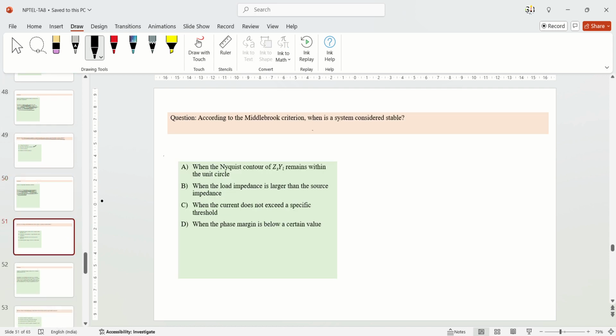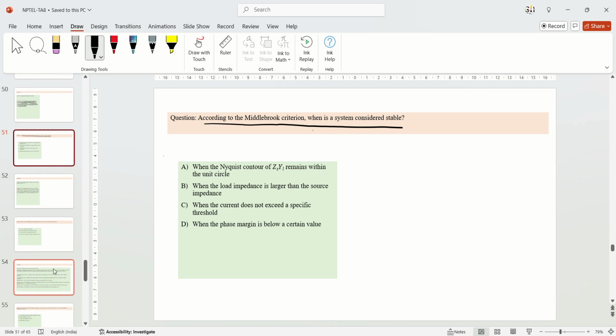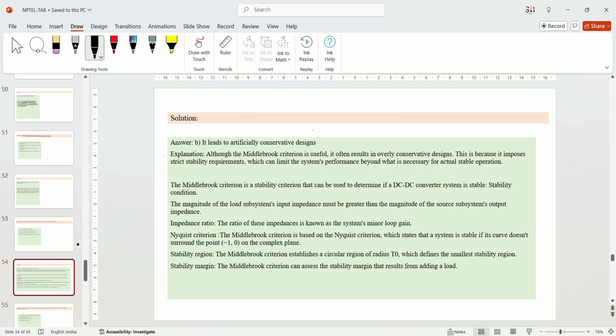Next question is: according to the Middlebrook criteria, when is a system considered stable? Let me explain what the Middlebrook criteria is. The Middlebrook criteria is a stability criteria that can be used to determine if a DC-DC converter is stable.